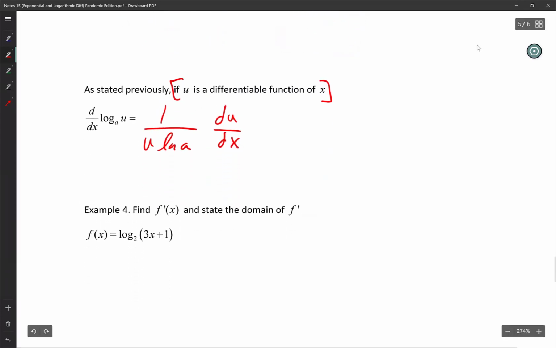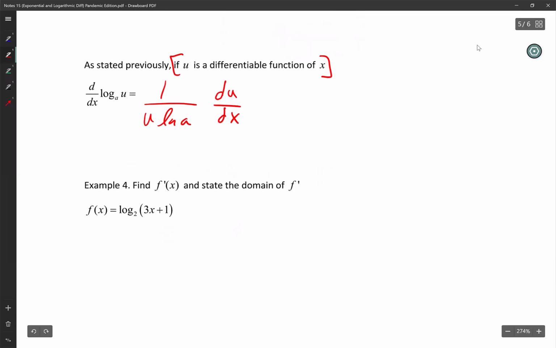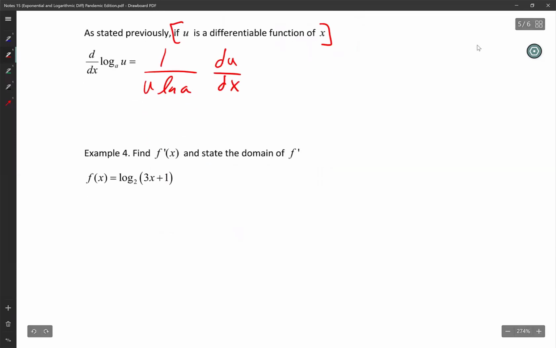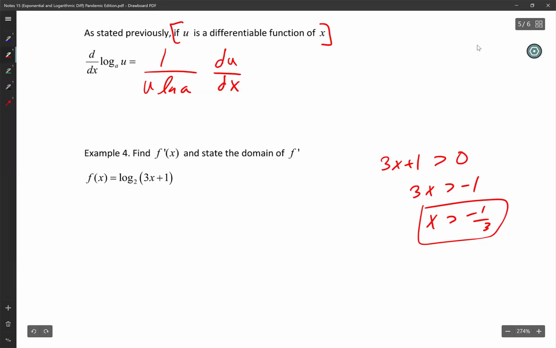All right, here we go, guys. I would probably state the domain first of everything. Remember, the domain of the derivative is the domain of the original. So 3x plus 1 must be greater than 0. 3x must be greater than negative 1. x must be greater than negative 1/3. That's my domain.